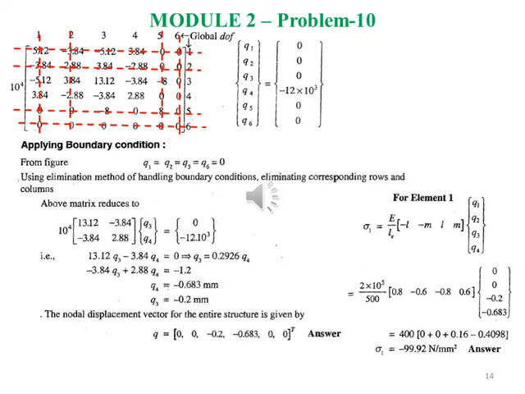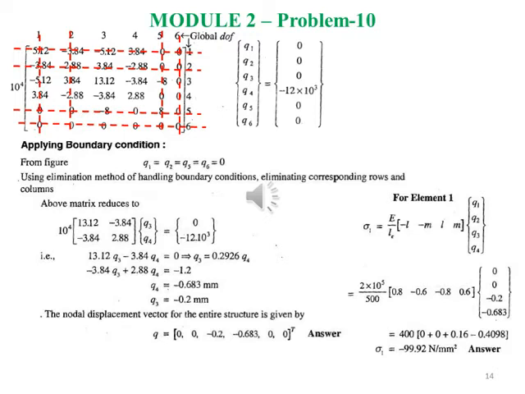Hence row 1, column 1, row 2, column 2, row 5, column 5, row 6, column 6 can be eliminated, and the matrix reduces to a 2 into 2 matrix. So Q3 and Q4 are the two unknowns and two equations are there. Solving for this, we can get the value of Q3 and Q4.